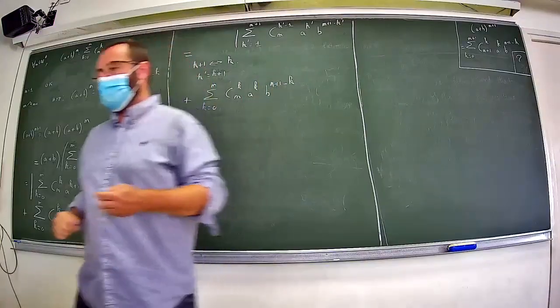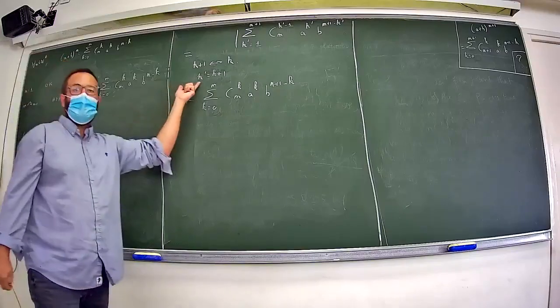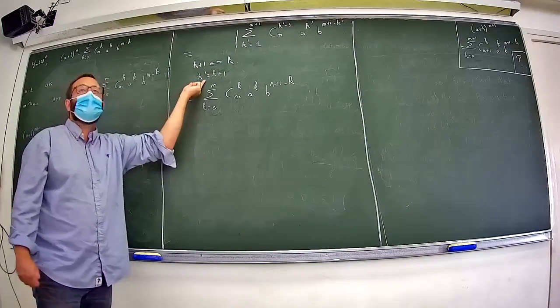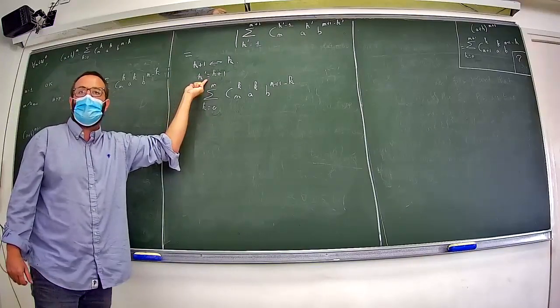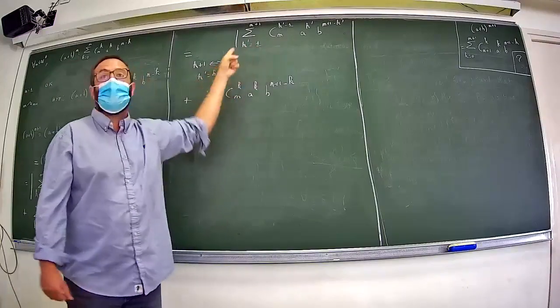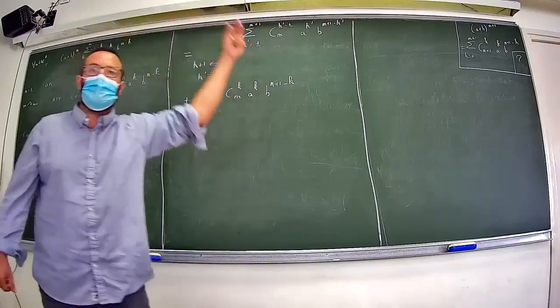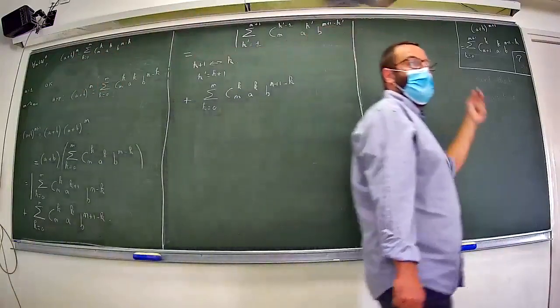Just a remark concerning what I have said previously. Since it's the beginning, I have given another name to the index. I call it k prime. But in fact, when you do a sum, whatever the name of the index, you can call it k prime, i, j, as you like.